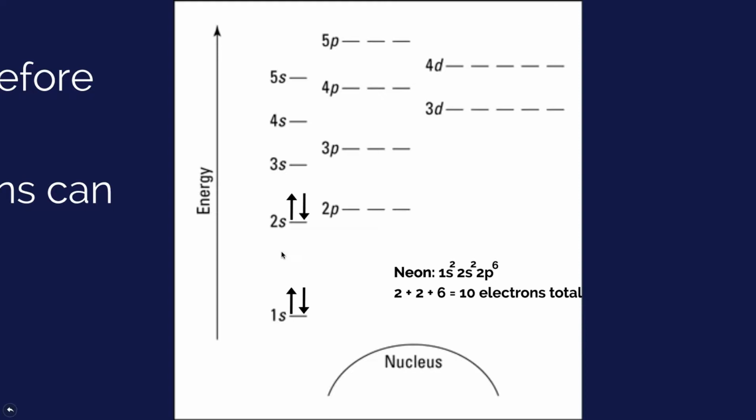Now, what comes next is the 2p orbital, and you can see that this one is different from the s orbitals that we've done, where we have 3 spaces to put electrons in. This is where we have to start using Hund's rule, where we can only put in 1 electron at a time for each line. So again, we have 6 electrons to put in. We have 3 spaces, 2 in each. First we'll start with 1, 2, and 3 up arrows, 1 in each of the lines.